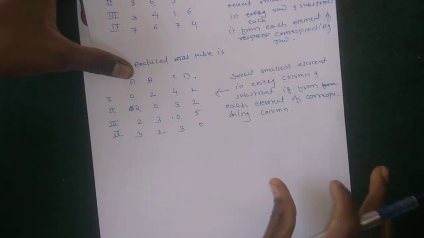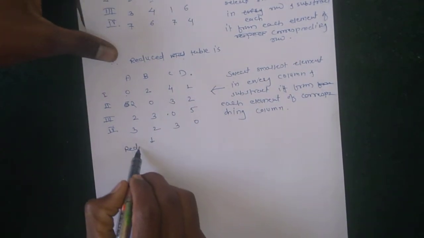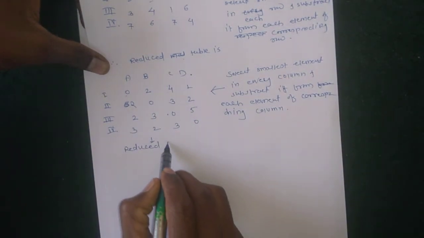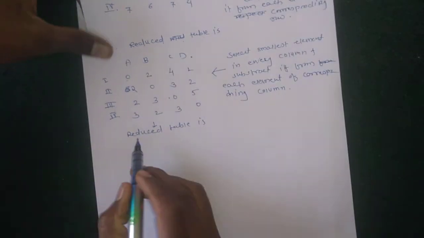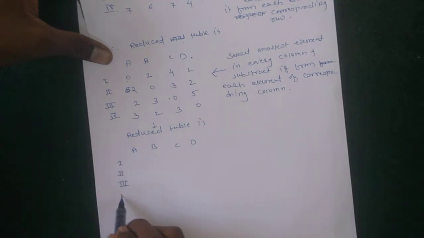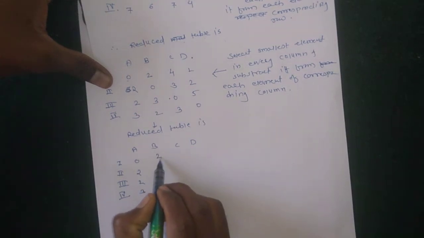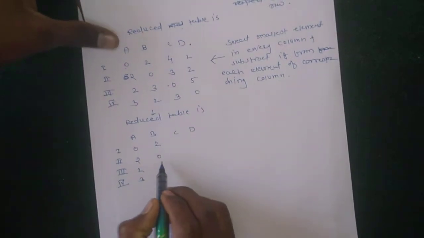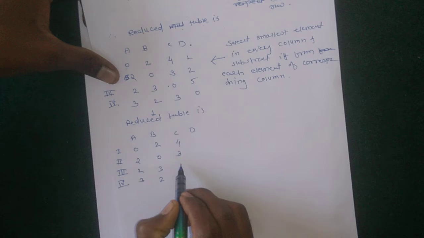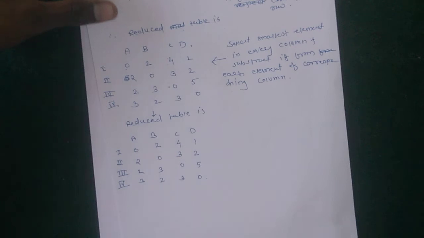So the table stays as it is, because subtracting 0 has no effect on any element. The reduced table is: 0 2 2 3, then 2 0 3 2, then 4 3 0 3, and 1 2 5 0.